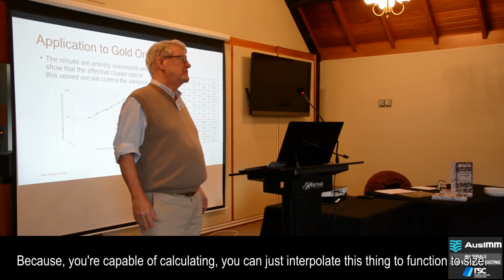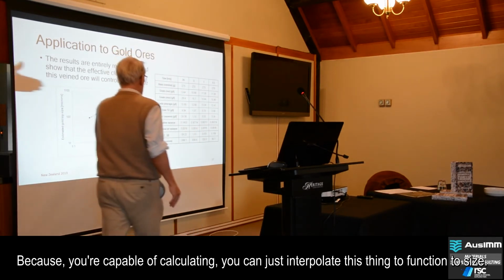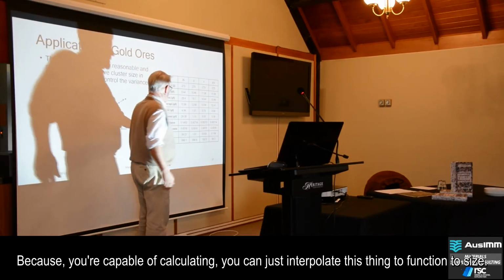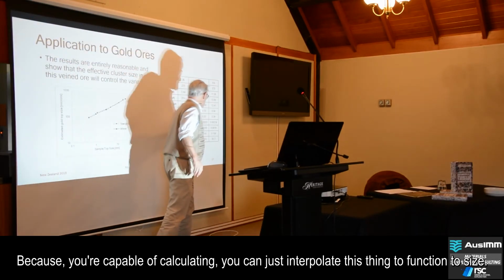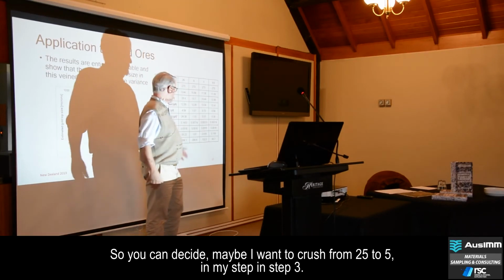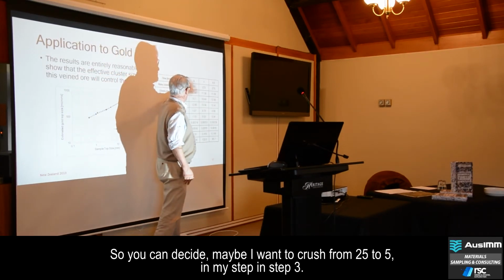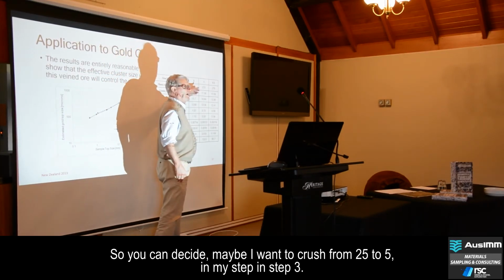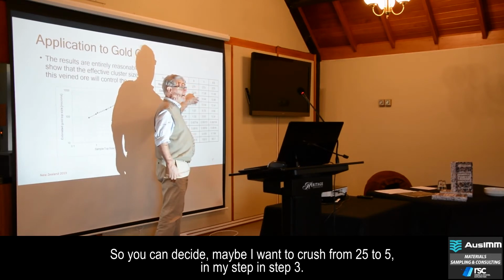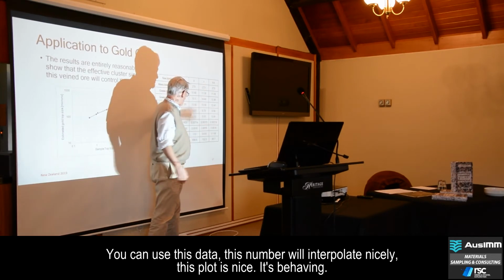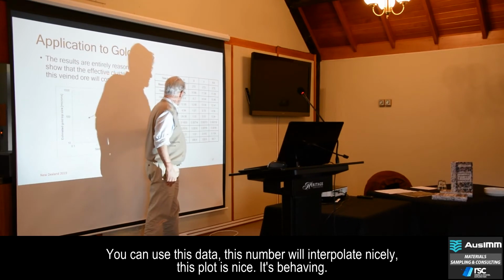Because you're capable of calculating. I mean, you can just interpolate this thing as a function of size. So you can decide, you know, maybe I want to crush from 25 to 5 in my step instead of 3. You know, you can use this data. This number will interpolate nicely.